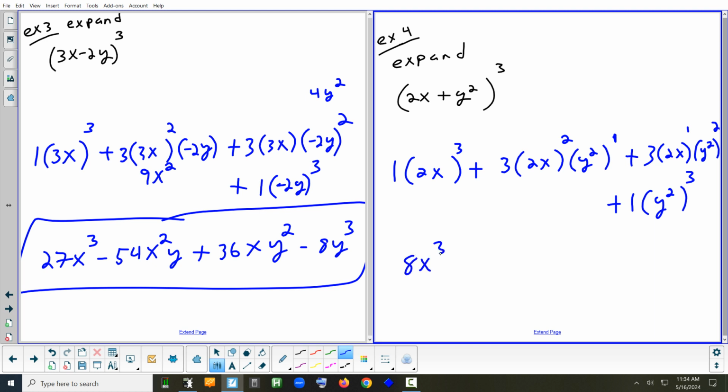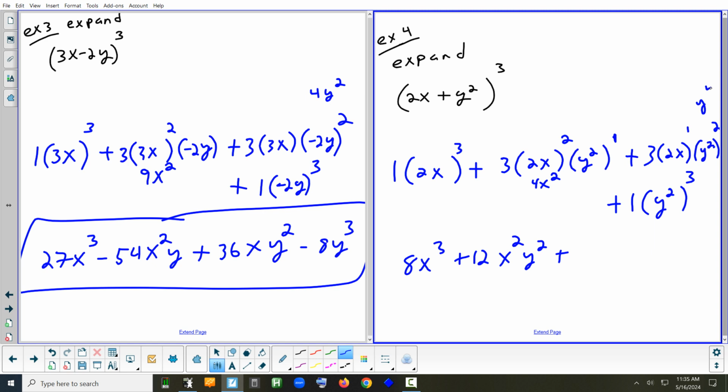8x cubed. All right. Let's do this separately. What's 2x squared? 4x squared. What's 3 times 4? So 12. X squared. Y squared. Okay. Let's do this one. What's y squared squared?